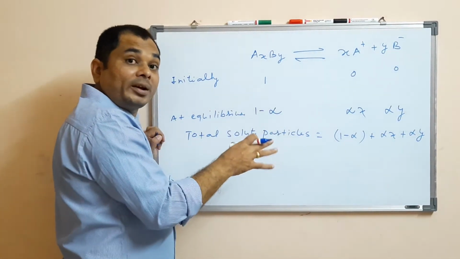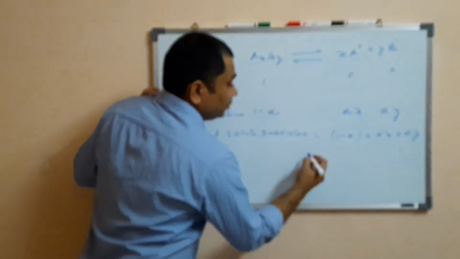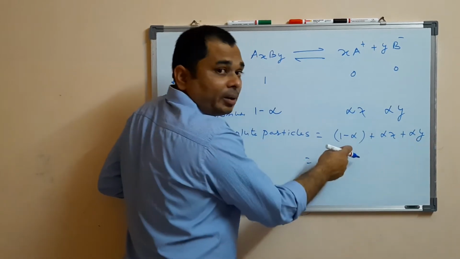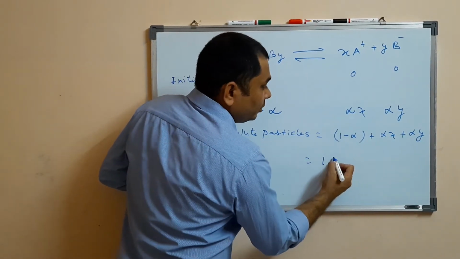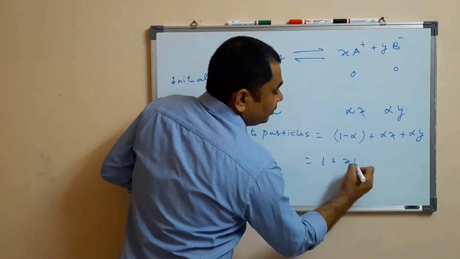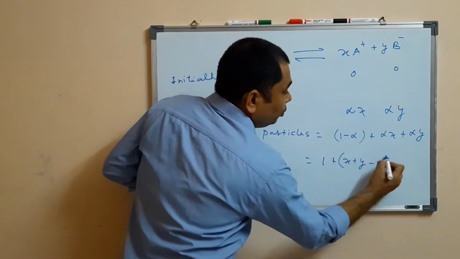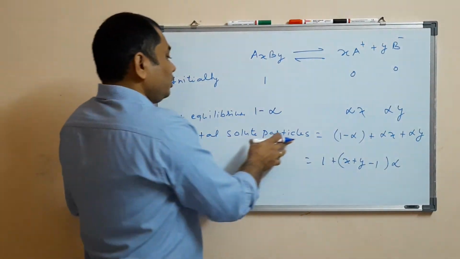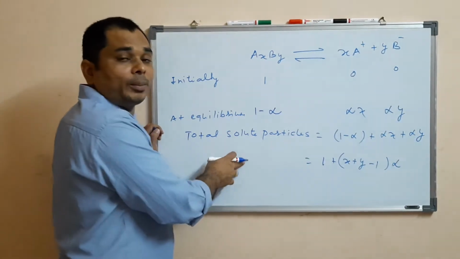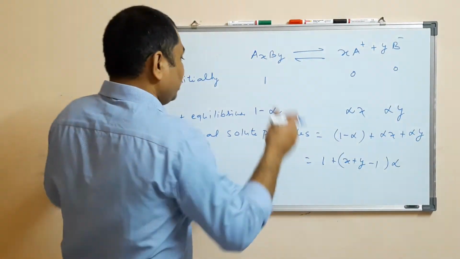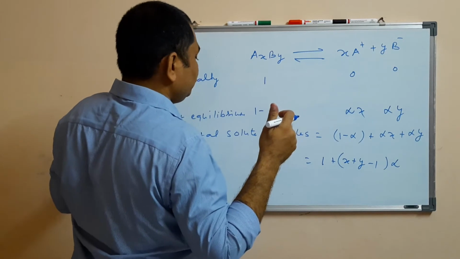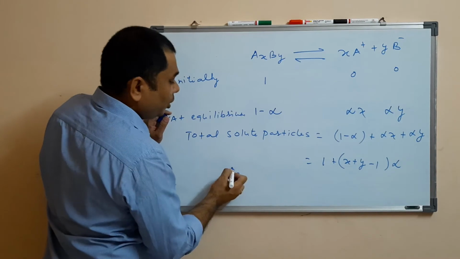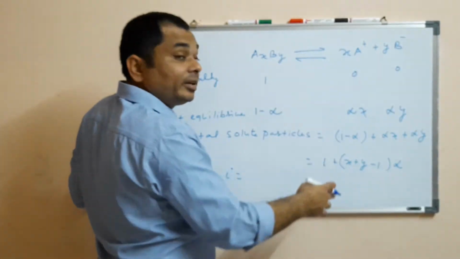What is the total number of particles which are present now? This will be this. So this will be equal to, see, 1, here alpha x, alpha y and minus alpha is there. So this is 1 plus x plus y minus 1 into alpha. Okay, this is the number of particles which are present. Okay, now what is the Van't Hoff factor? See, Van't Hoff factor i is equal to number of particles which are present after dissociation.